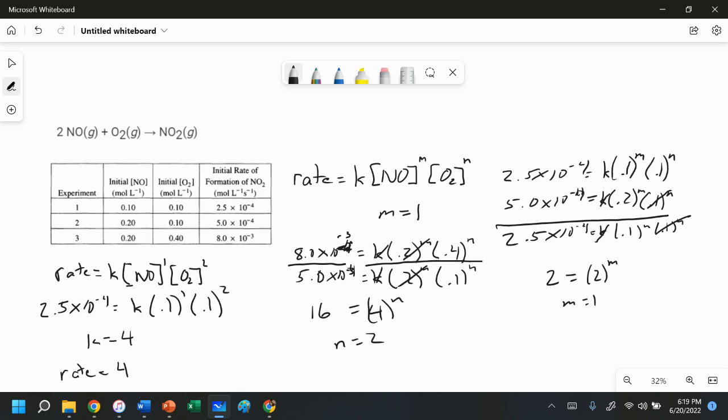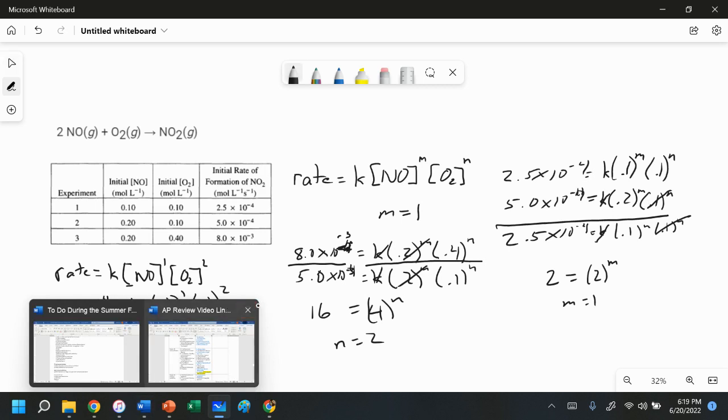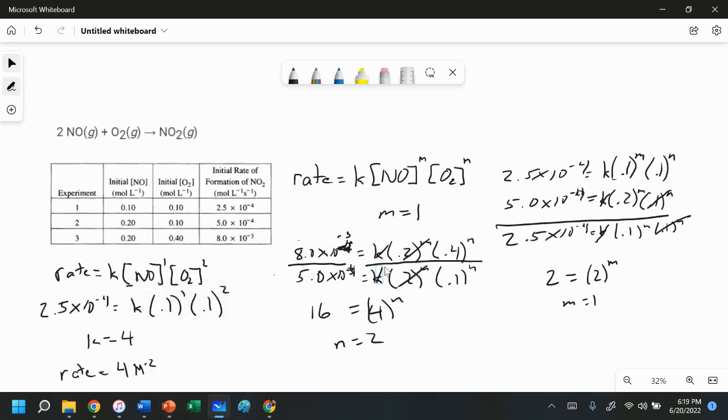So the unit for K must be molarity to the negative 2, because the concentration exponent is going to be 1 less than the overall order in the denominator, times seconds to the negative 1, so seconds in the denominator, times the concentration of NO to the first power times the concentration of O2 to the second power. And that is our rate equation, or rate law, for this particular reaction.